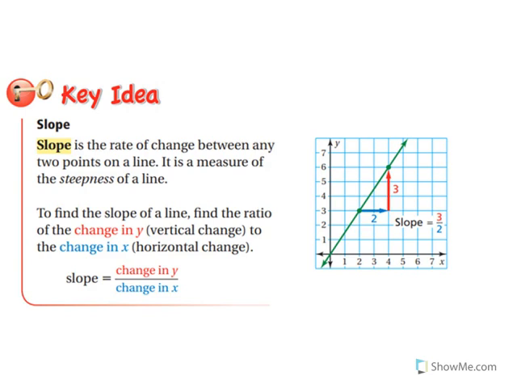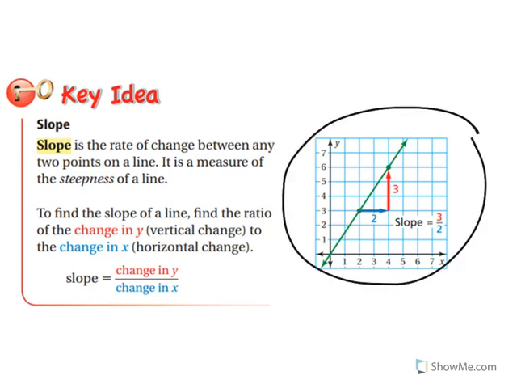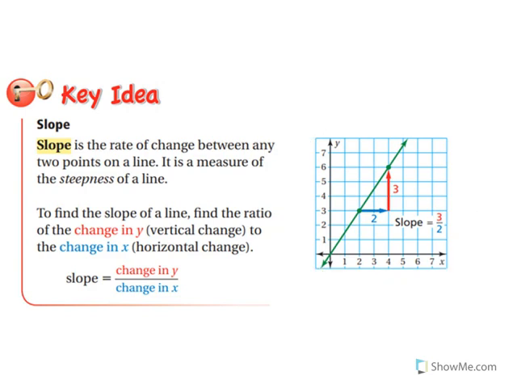So if we were to graph points from a table, for example, like we did back in chapter 2.5 extension, if we were to take points and plot them on a coordinate graph like we see right over here, and look at the line that would be formed when you connect the dots, we form a line.